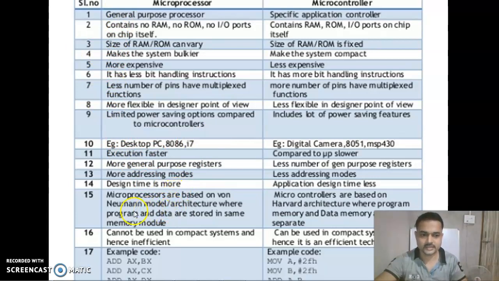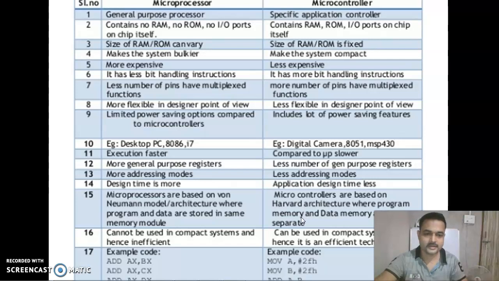You have to remember one more important point. In the von Neumann architecture of the microprocessor, the program and data share the same memory location, because where we write a program, there we save the data. But in the microcontroller, there is the Harvard architecture. We write the program at one memory location and store data at another.